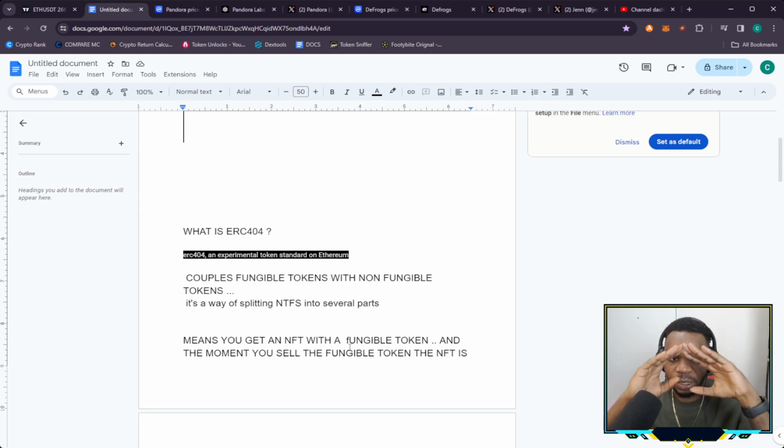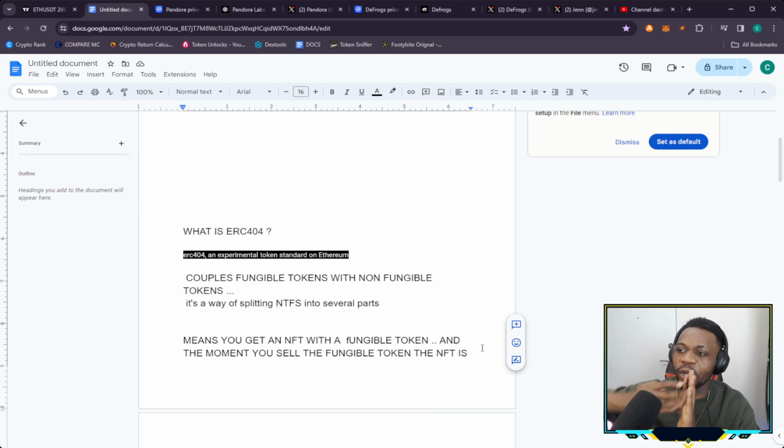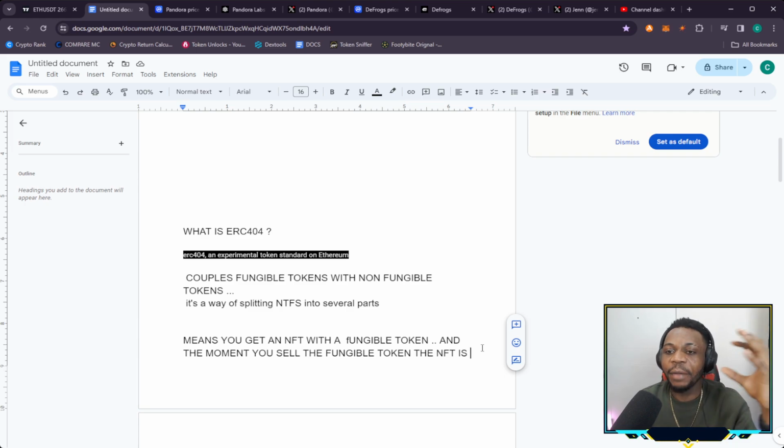You know what an NFT is, it's just like a picture. I don't know if you guys understand what an NFT is. So once you split it, it's just like cutting a piece of this picture away. So it's definitely useless, actually. So this is the ERC20 standard bringing in this ERC721 standard, which is the NFT, and merging it together to get this ERC404.